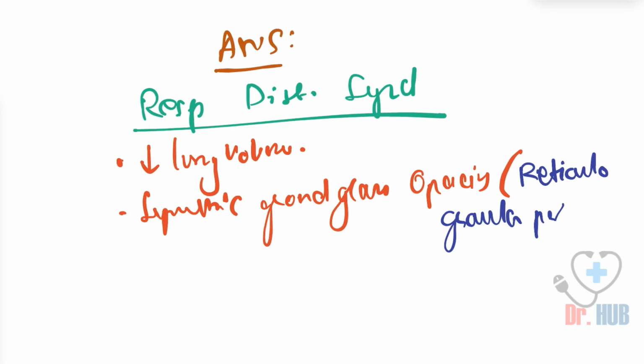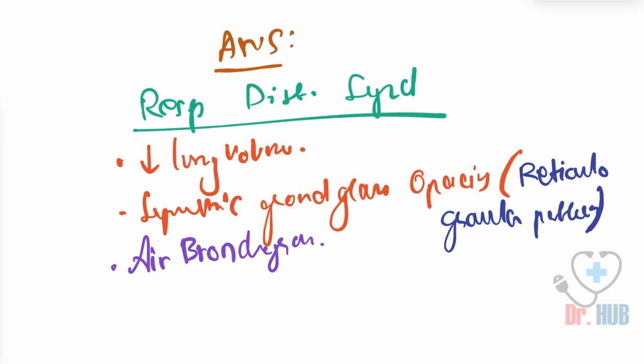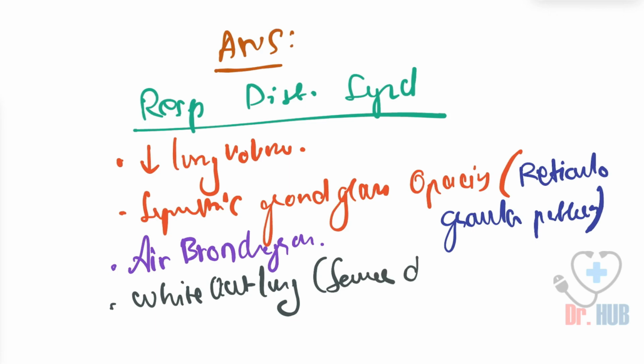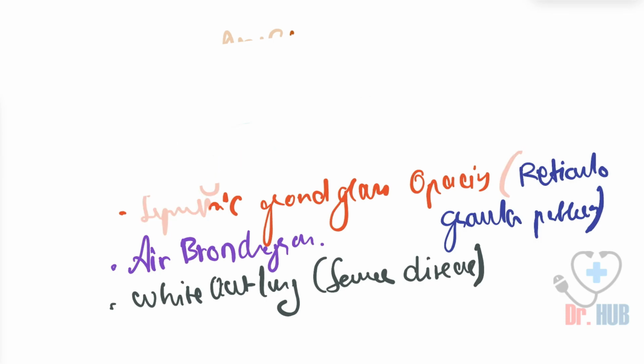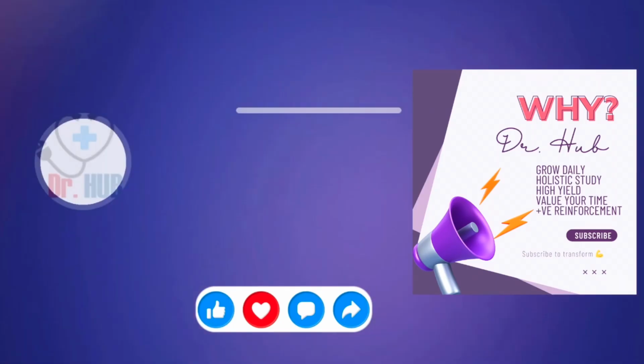And then there is an air bronchogram as well as presence of the white out lung, which indicates the presence of severe disease.